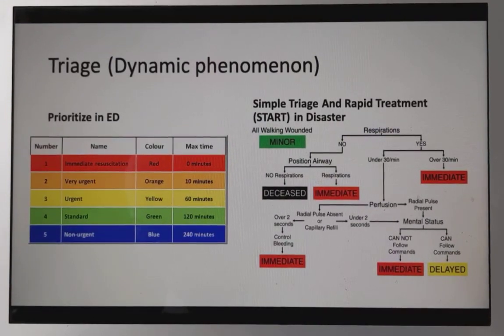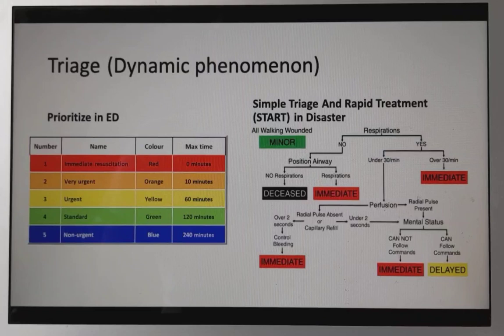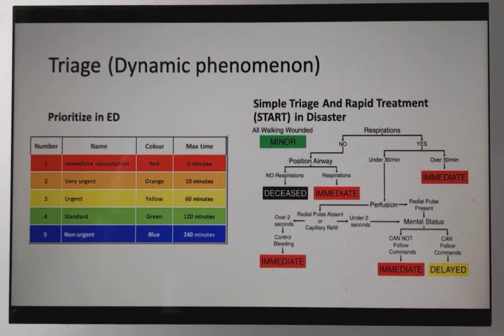then we come to the disability part, which is mental status. Are they able to follow commands? If yes, that means they may be wounded but they can still follow commands. So there is no problem in their airway, breathing, circulation, and disability, and you mark them as people who can be seen as delayed.